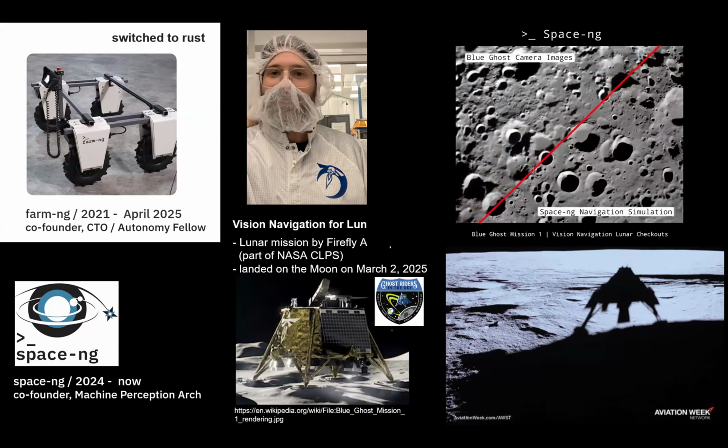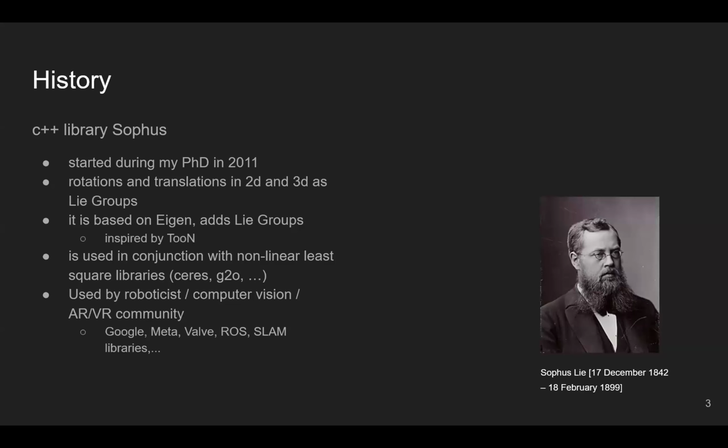Okay, now to something completely different. Back in the days, in 2011, I wrote a C++ library called Sophus. It's a library to represent rotations and translations in 2D and 3D as Lie groups. It is based on Eigen, but adds Lie groups to it, and it's inspired by a library called TooN.